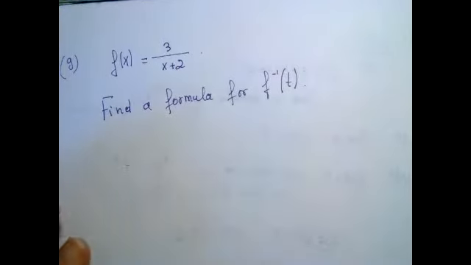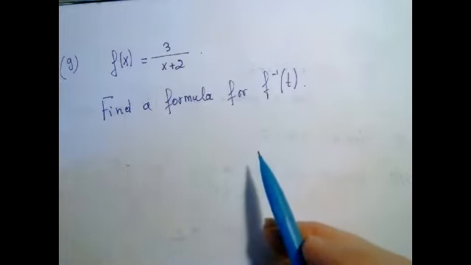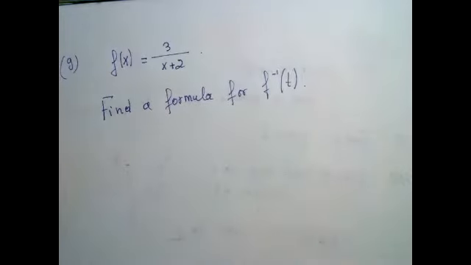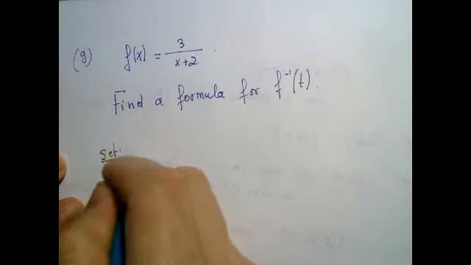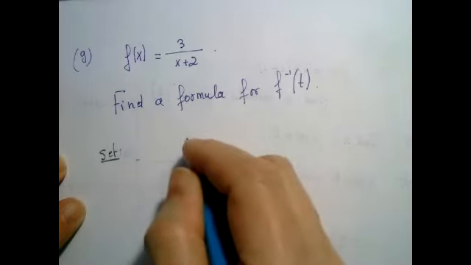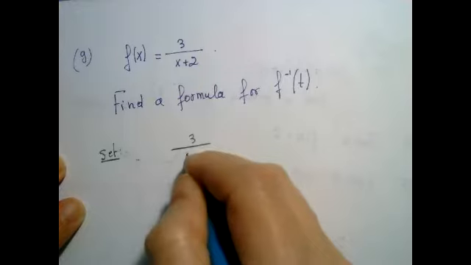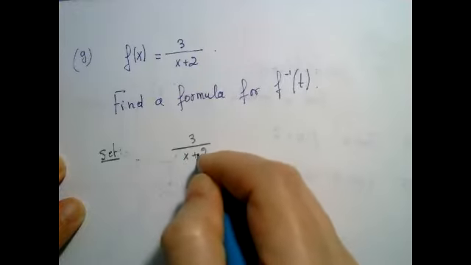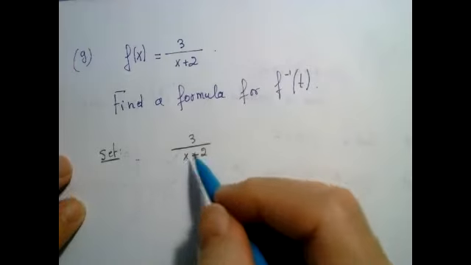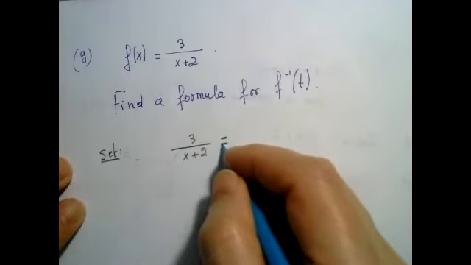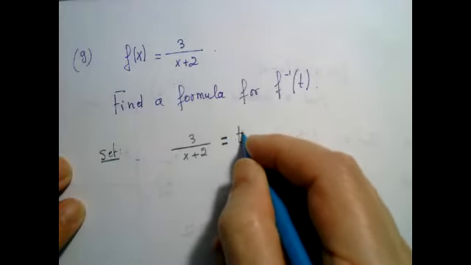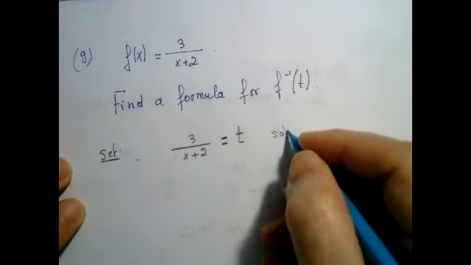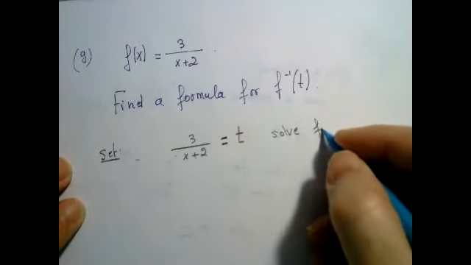I tried to take out the division, so I multiplied by x plus 2 so I could get it normal. First, what's the setup? You put f of x equals 3 over x plus 2. Then you put 3 over f of x equal to t. Yeah, and what do you have to do? Solve for what?